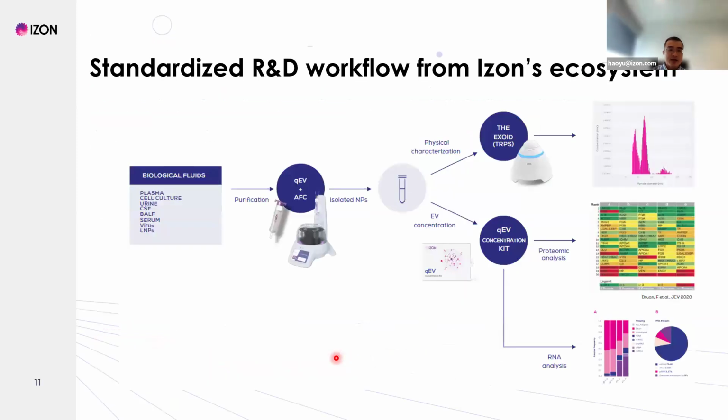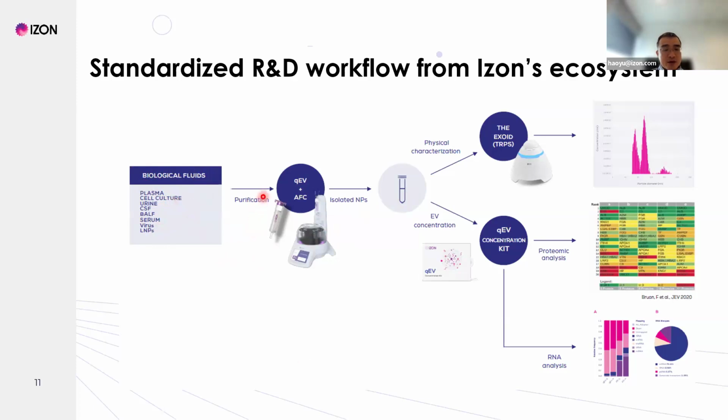Here, I'd like to show our standard approach for the R&D side, our solution for academic researchers. Our column can deal with different types of biological fluids, for example plasma, cell culture medium, urine, or tears.